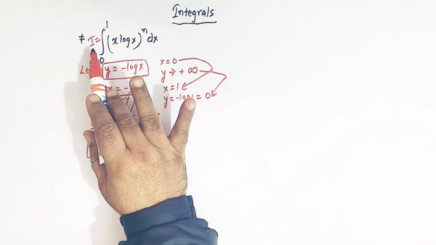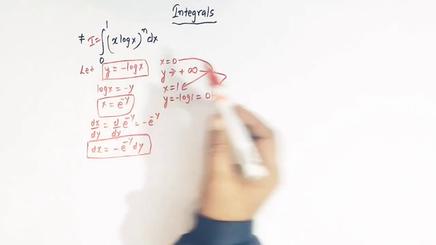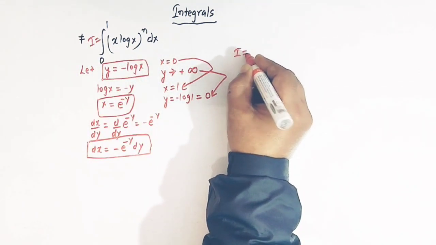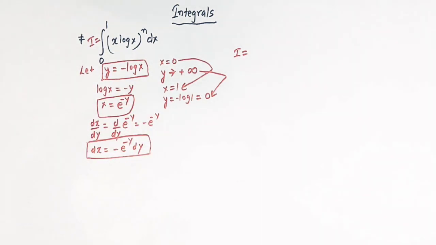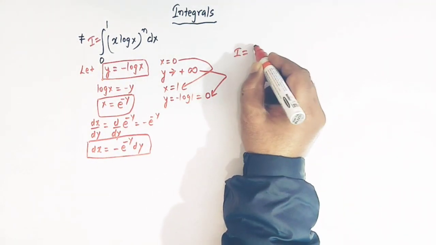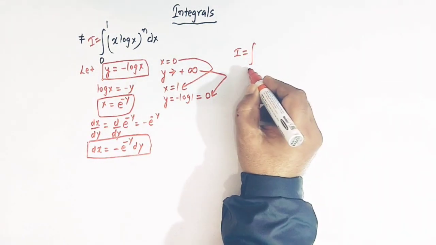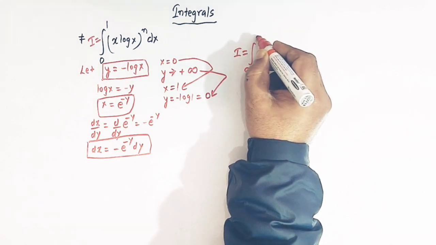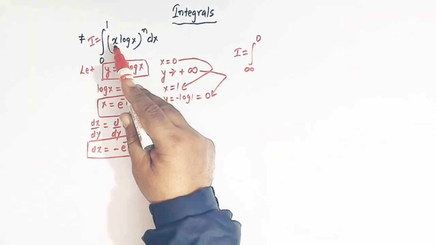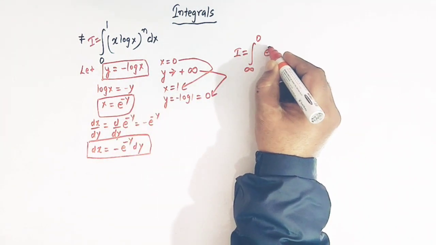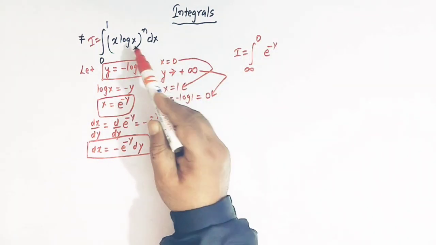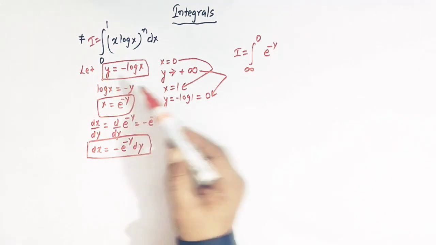So now we can rewrite this integral I in terms of the new variable y. So we have infinity here, 0 here, and x is replaced by e raised to minus y, and log x is replaced by minus y.